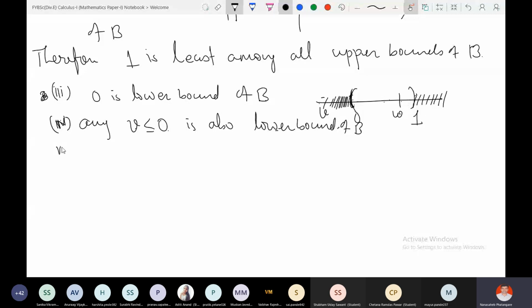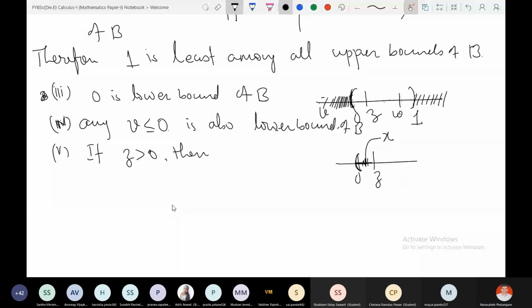observation, if I choose any Z greater than 0, then what happens? Do you understand? If I take 0 here and Z here, and Z is greater than 0, then there is some gap between Z and 0. So what about such numbers which are in between 0 and Z?